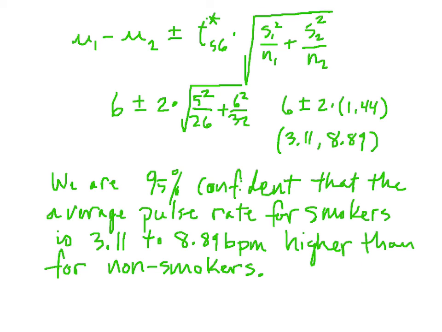We are 95% confident that the average pulse rate for smokers is 3.11 to 8.89 beats per minute higher than for non-smokers. So that's how big of a difference. Now, if 0 was in the interval, then it would have made no difference. But since this entire interval is higher than 0, then smokers have a higher pulse rate based on the sample.